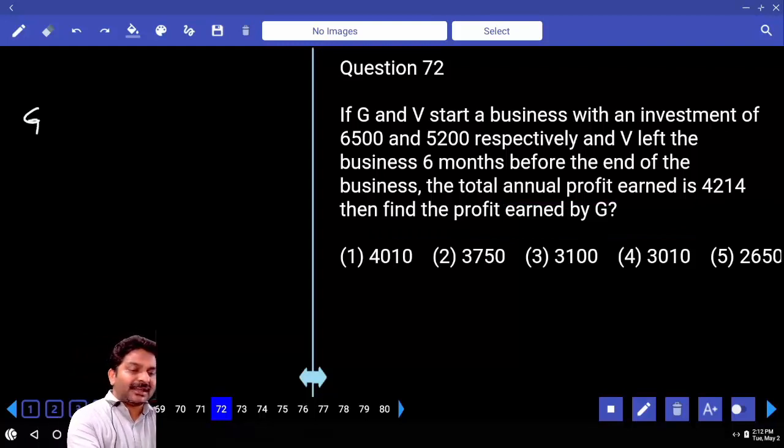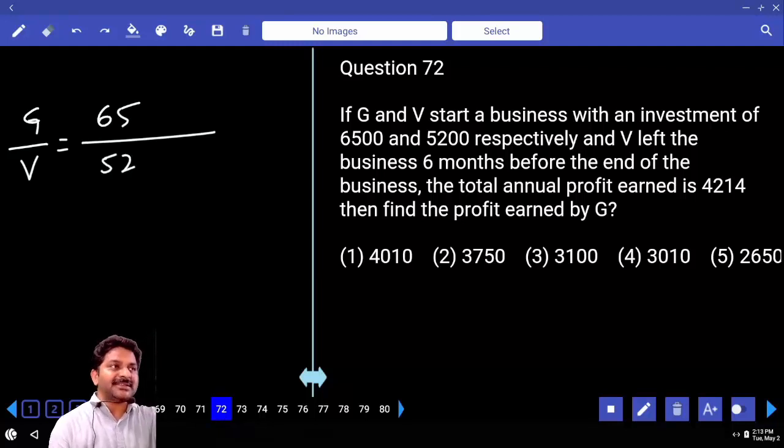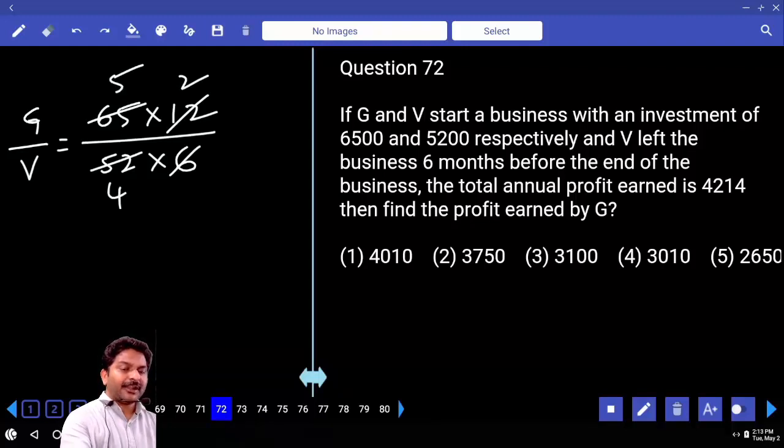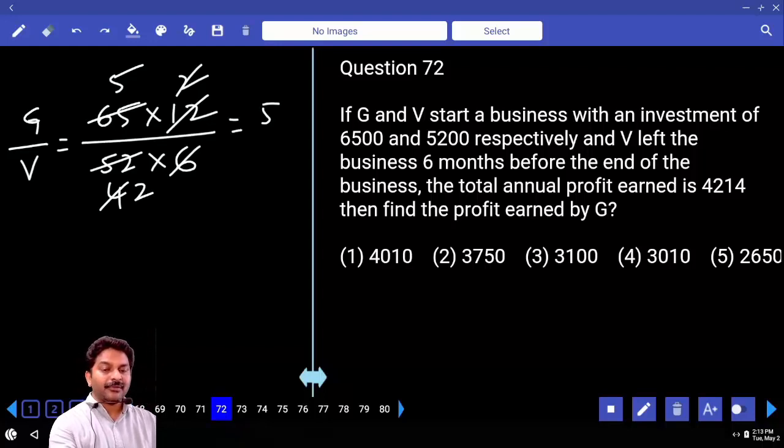Okay, now we have G and then V. Their investments have 2 zeros in common, so I'm writing 65 and 52. V is not there for 6 months; out of 12 months, he is there for 6 months. G will be there for 12 months. So 5 times 2, 4 times 1, that is 10 and 4, giving the ratio 5 times 2 to 4 times 1.